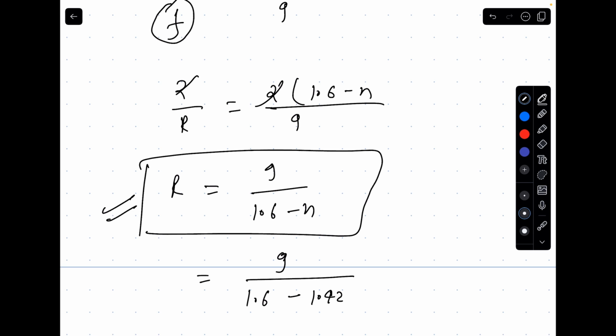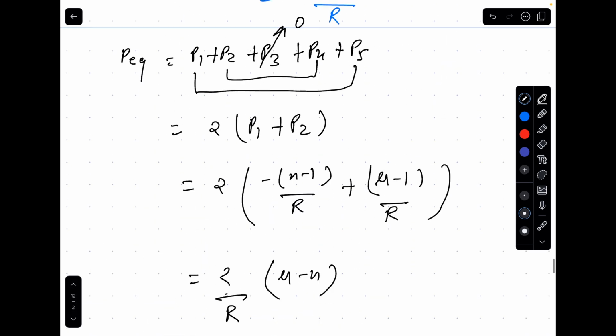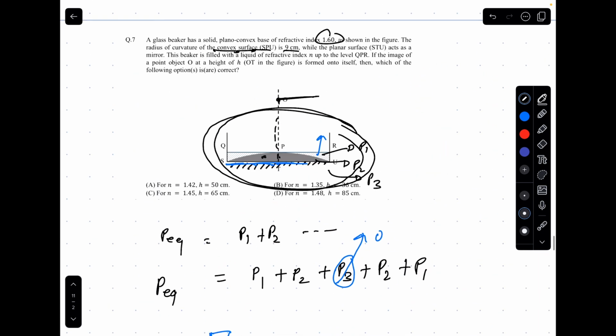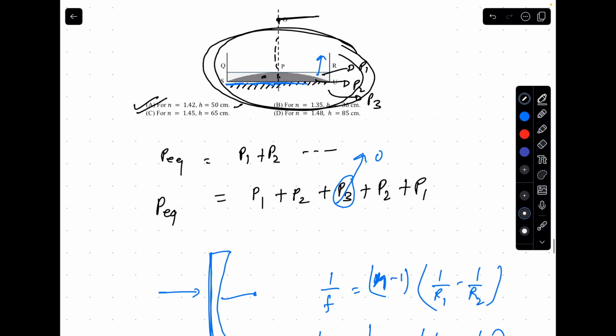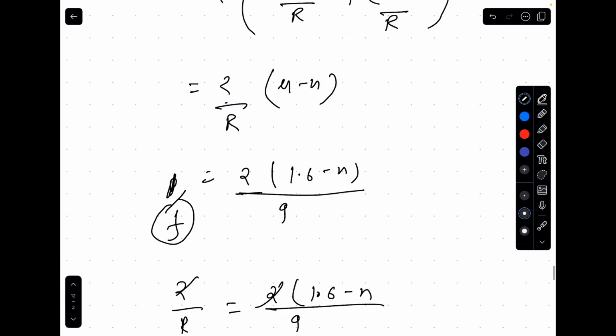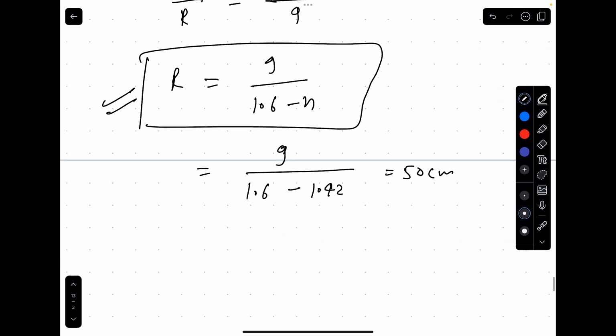9 divided by 1.6 minus 1.42, that comes out to be 50. So look, in the first option they are saying if the n is 1.42, then h should be 50, so that's correct. Now let's move to the next one. N is 1.35, so then what should be the R? Let's find out.